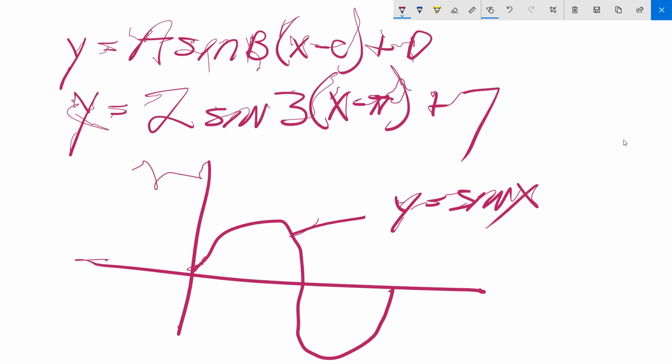Okay, now let's apply each of these translations. Let me change colors so I can do them one at a time. The blue one, I'm going to apply the 2. What did I say that was? A vertical stretch factor, right? That's what that does. Okay? Now, I'm going to apply the 3.